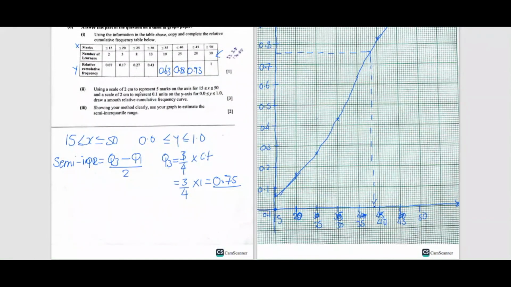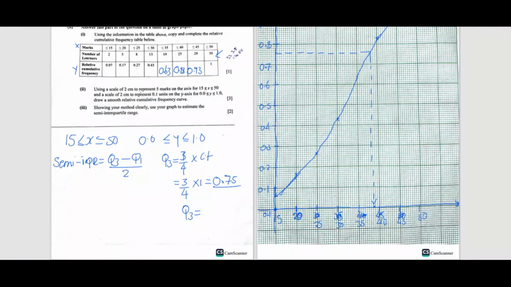Upon touching our curve, I turn down, moving parallel to the y-axis. The point at which I touch the x-axis is our final answer. Since we are dealing with the marks here, our quartile 3 is giving me about 35.